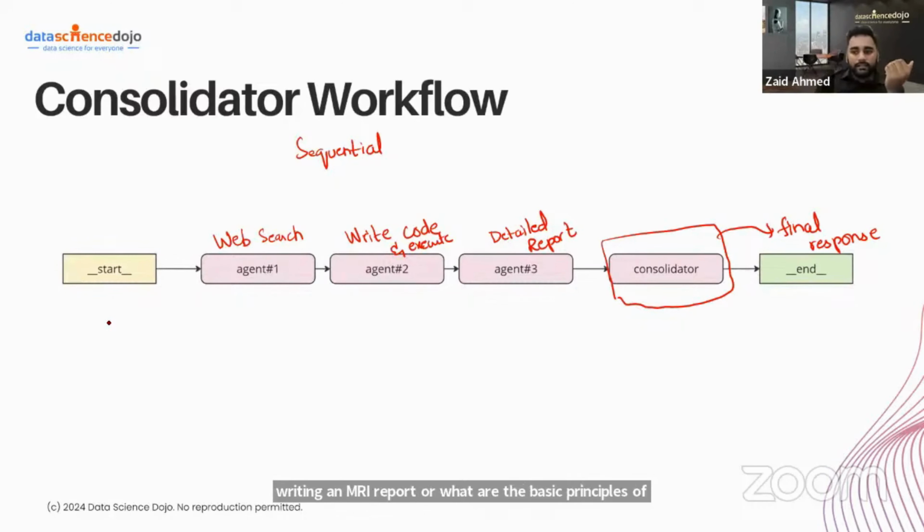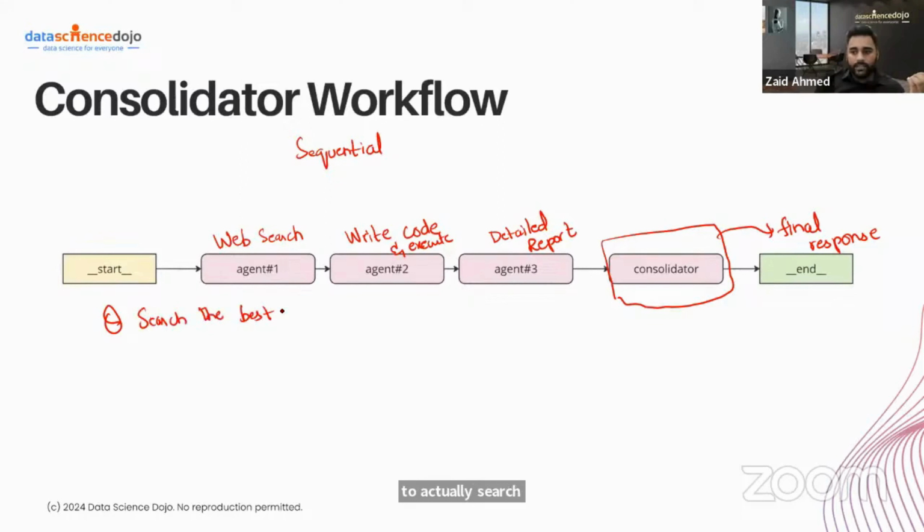You can ask such similar questions and get the information from a web search. So considering that I am from a medical domain, I'm going to ask this tool to search the best practices for writing a detailed MRI report.